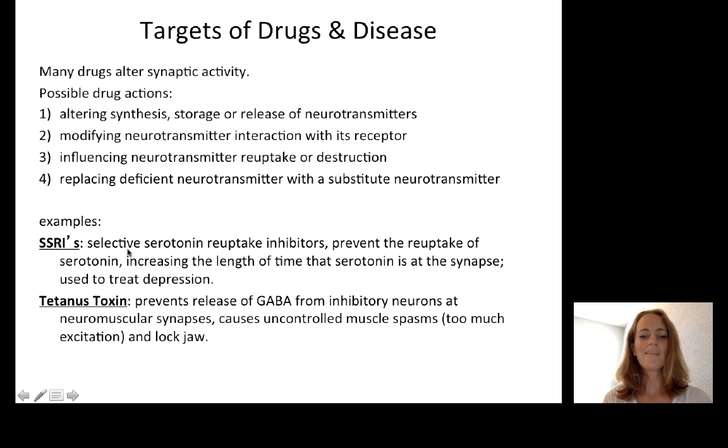SSRIs. My husband calls these happy drugs, right? Prozac and related medications for people that are treated for depression and other conditions. Often, what is believed is that they do not have enough of this particular neurotransmitter in their system. So these drugs prevent the reuptake of serotonin, which increases the length of time that serotonin is available.